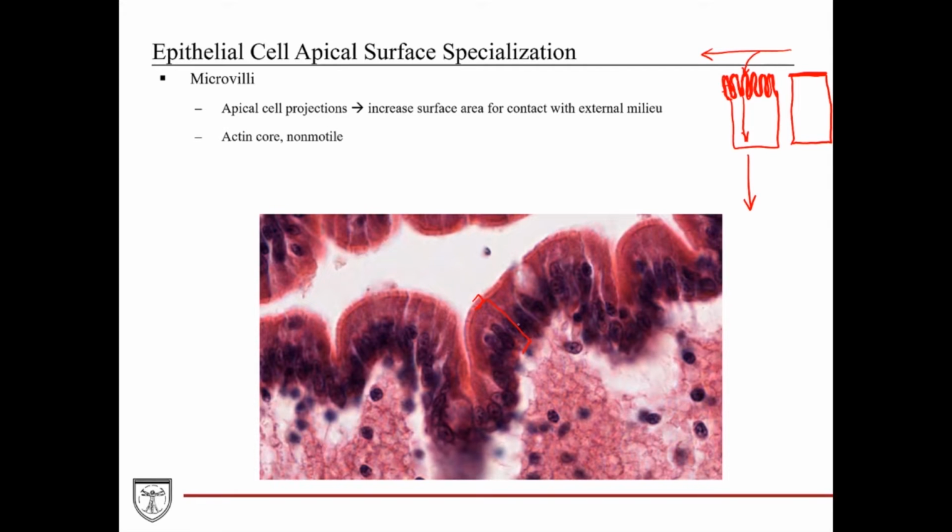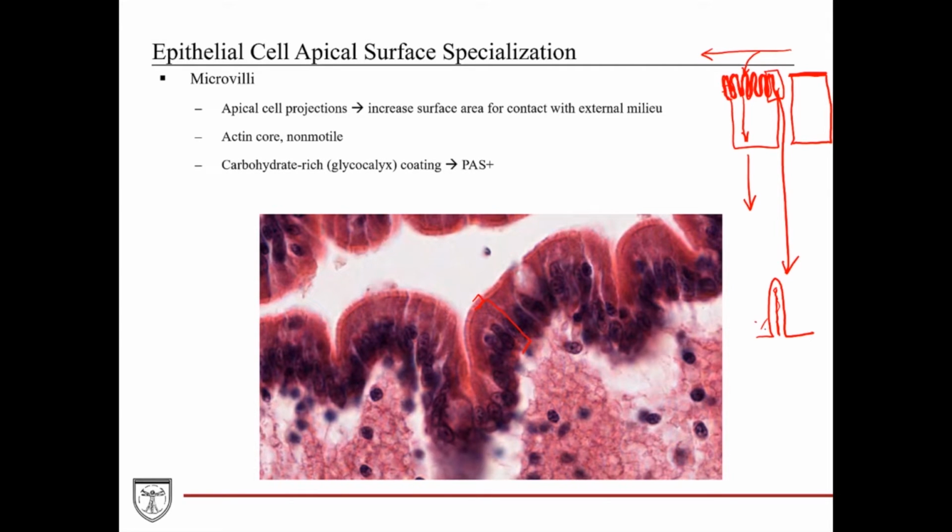And at higher magnification with, say, transmission electron microscopy, higher resolution of one of these microvilli will show that each microvillus contains an actin fiber as its cytoskeletal core that provides the structural support and rigidity to the microvillus. And actin cores being non-motile structures means that the microvilli themselves are also not motile.